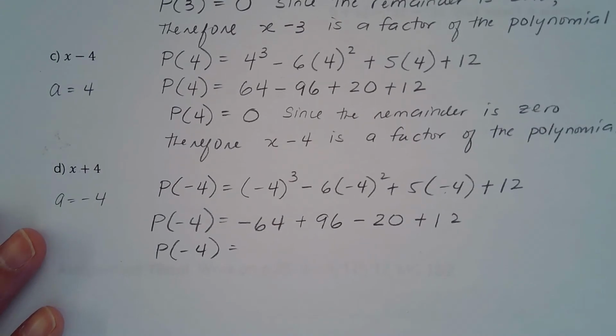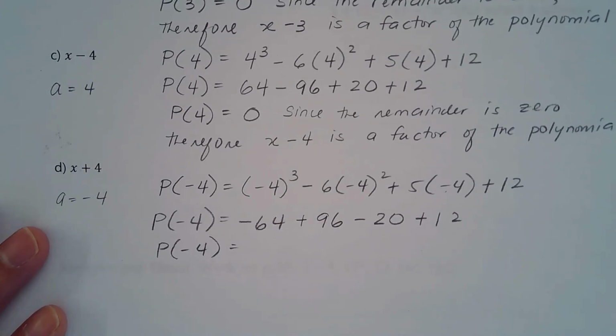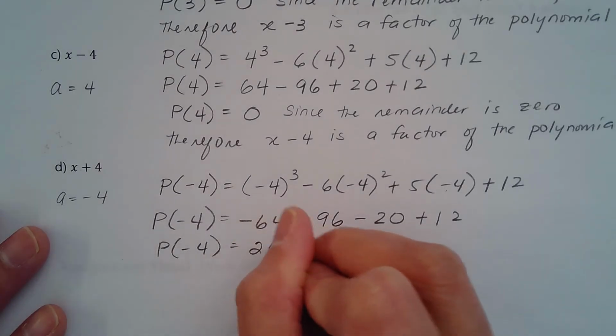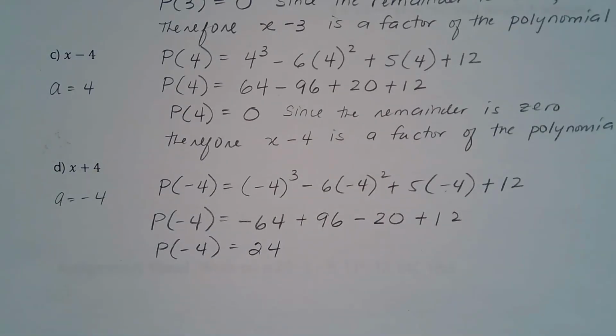Okay, so negative 64 plus 96 minus 20 plus 12. Okay, the answer is 24.